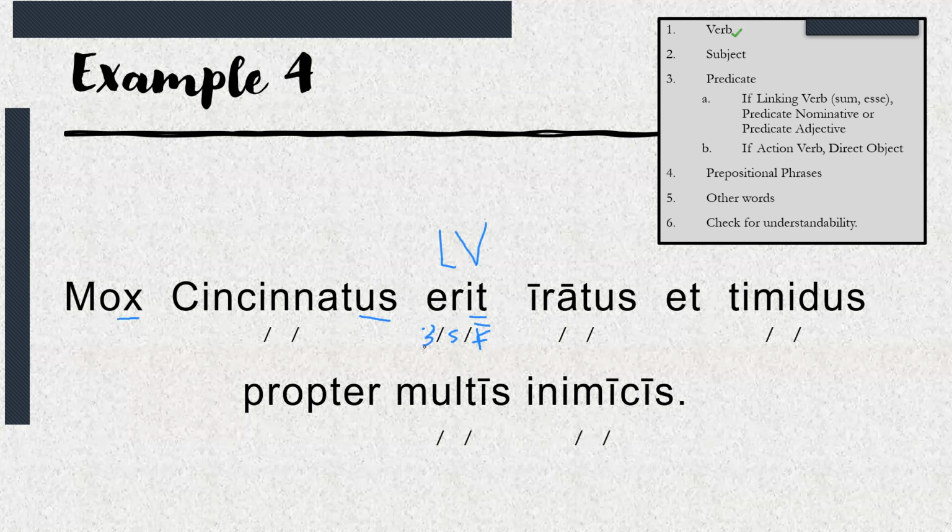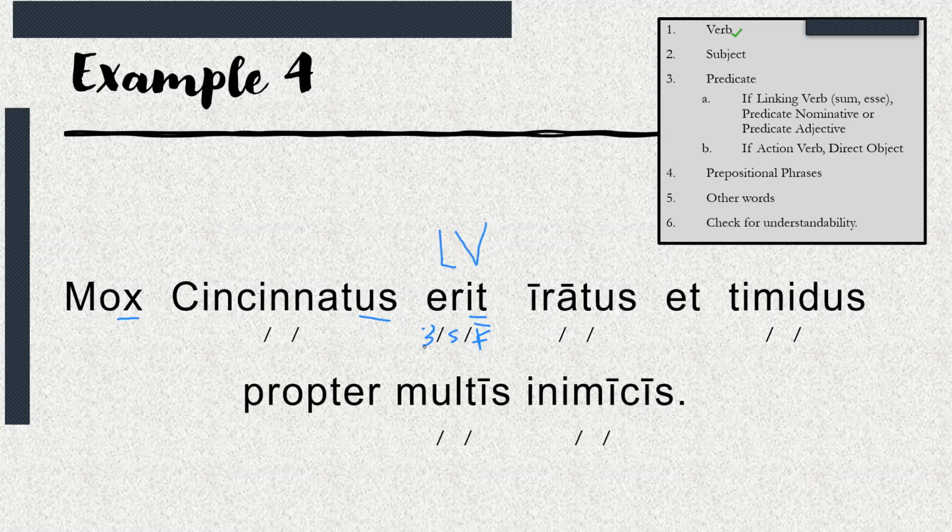There's our verb. Check. Now we have to find our subject. It is a singular verb, so it has to have a singular subject. Our singular nominatives, the possibilities are us, a, or um. And indeed, we actually see several us's. So let's look through here. Could it be erratus? Maybe, but that's an adjective, not a noun.